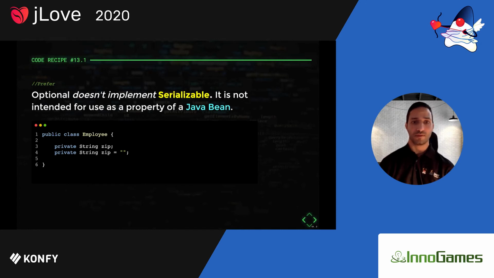It's not intended to be used as a property for Java beans. So if you're going to transfer this object, or serialize it, or persist it, it will not work for you. Simply stated, use normal objects for your optional values, and you can assign a value of empty if you would like.